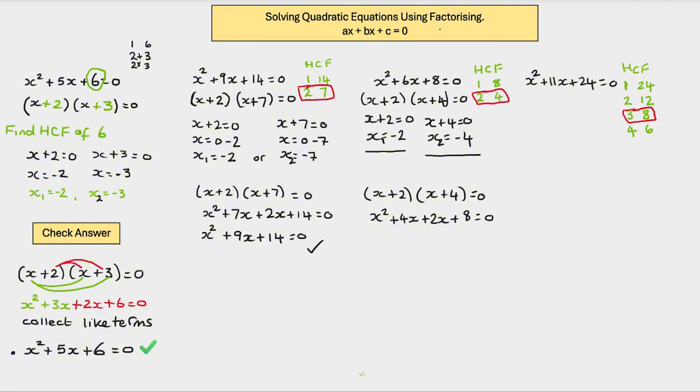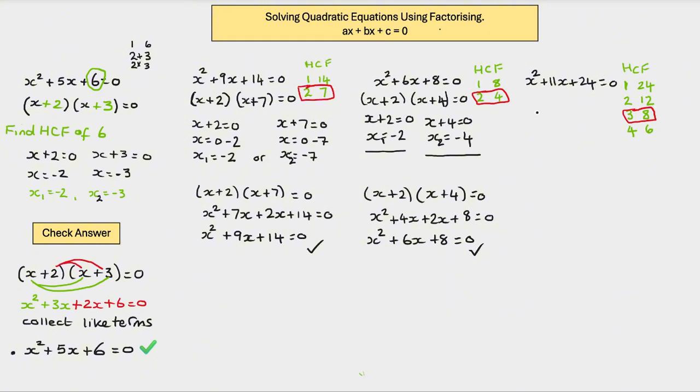It's looking about right. x squared, collect like terms, 4 plus 2 is 6x plus 8 equals 0. There we go. By the way, you can use the grid method to multiply these. I just prefer this way of doing it. You can still use the grid method. It's up to you. I just find it a lot neater to do my algebra like so. I think it's more connected.